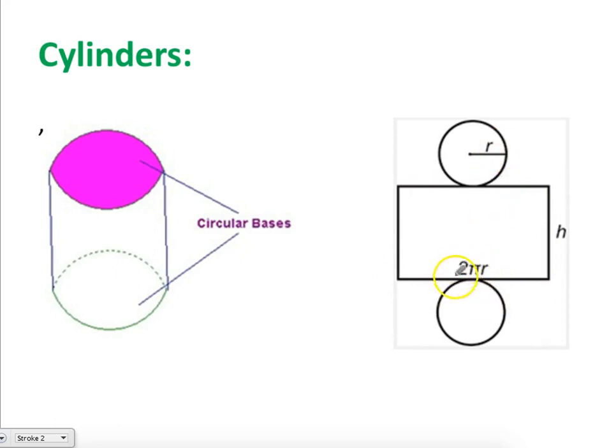And if we unravel it, the length is going to be 2 pi r, which is the circumference of your circle. To find the circumference of a circle, it's 2 pi r, which is essentially, if you unravel the circle, the length of your lateral face.